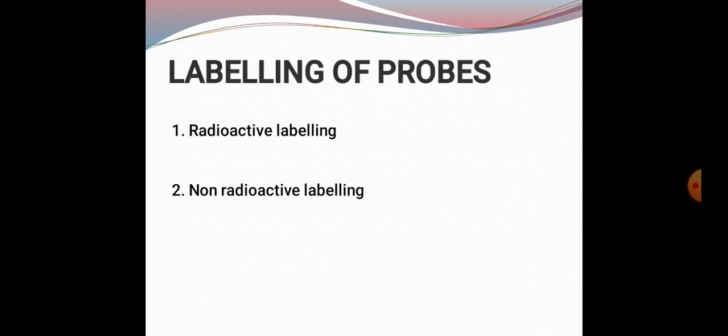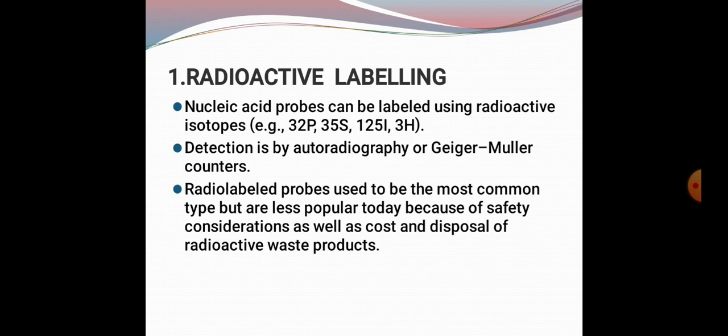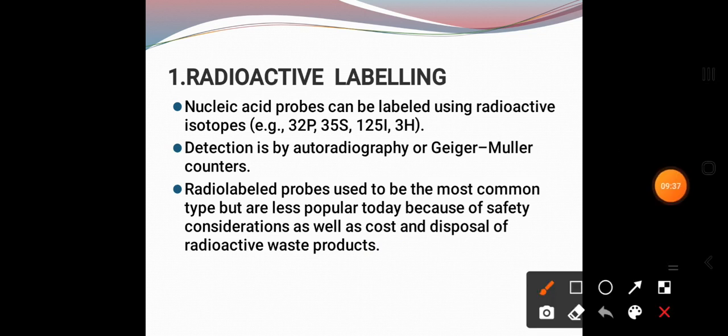Now, the labeling of probes: how are the probes labeled? There are two types of labeling methods, radioactive labeling and non-radioactive labeling. In radioactive labeling, radioactive isotopes are used.